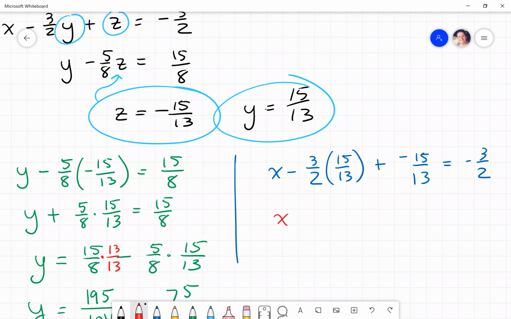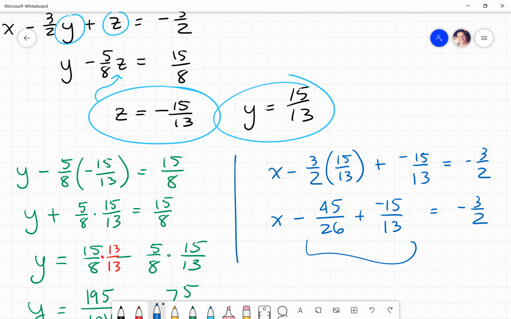So this is, oh, I don't want to write in red. Blue. So x minus, this is 26 and 3 times 15 is 45, right? Yes. Plus negative 15 over 13 equals negative 3/2. I just kind of want to add these together before I try and move it over.